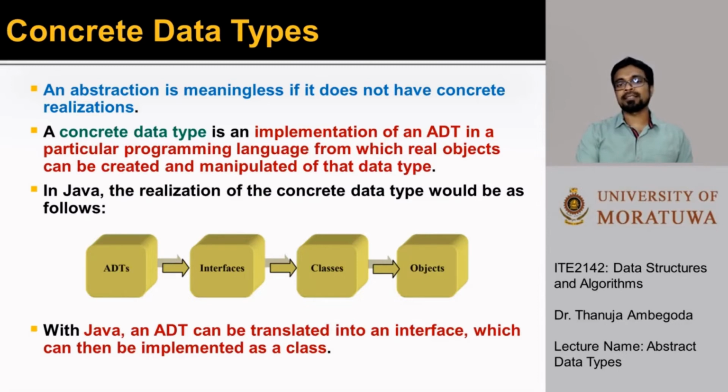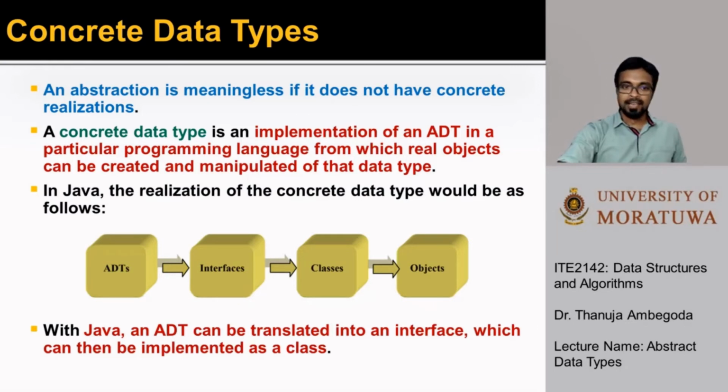The realization of concrete data types in Java has this sequence of developments. First you have ADTs, the abstract data types. Then from those you define the interfaces. Once ADTs are transferred into an interface, you could then implement a class using those interfaces.